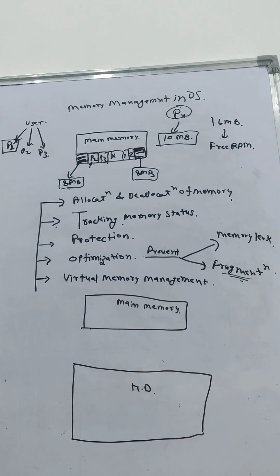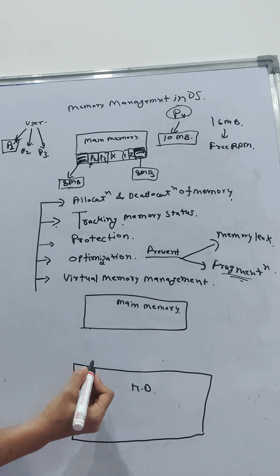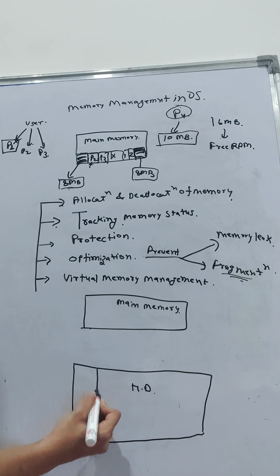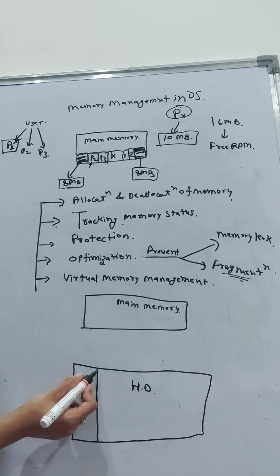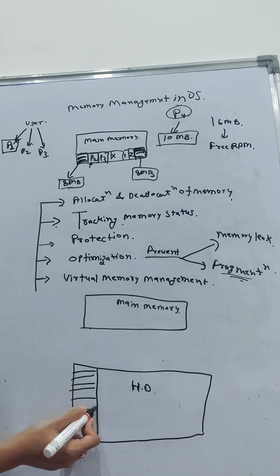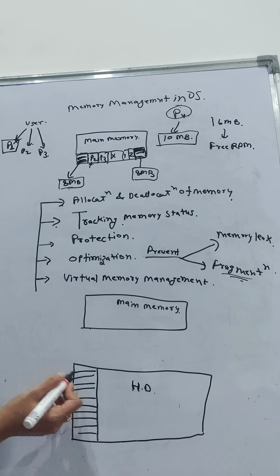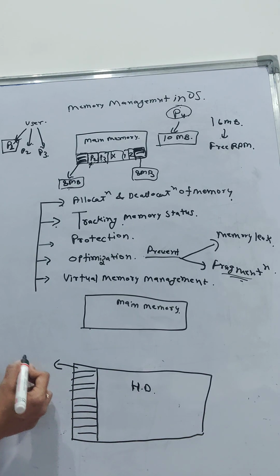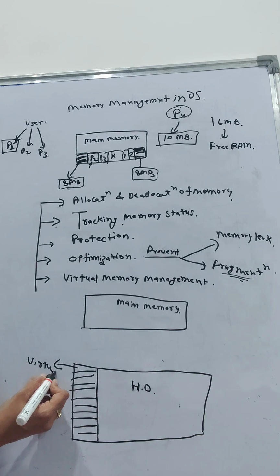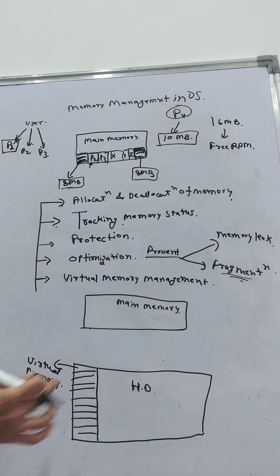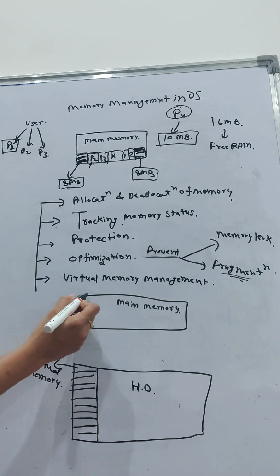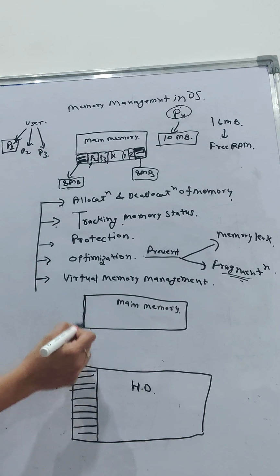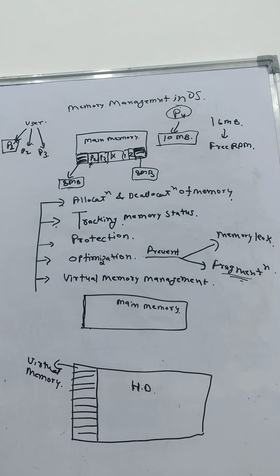So what is virtual memory? The operating system will use a small part of the hard disk as virtual memory. This area, a small part of the hard disk, will be used as virtual memory. The operating system will use this area as an extension of RAM.